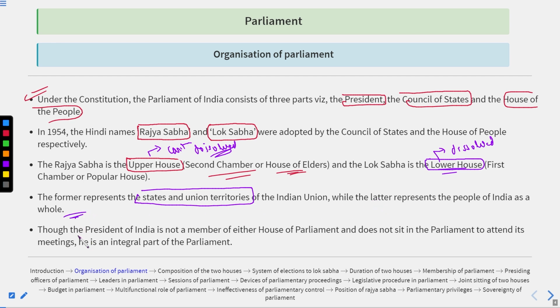Okay, so the President of India is not a member of either House of Parliament and does not sit in the Parliament to attend its meetings. He is an integral part of the Parliament.